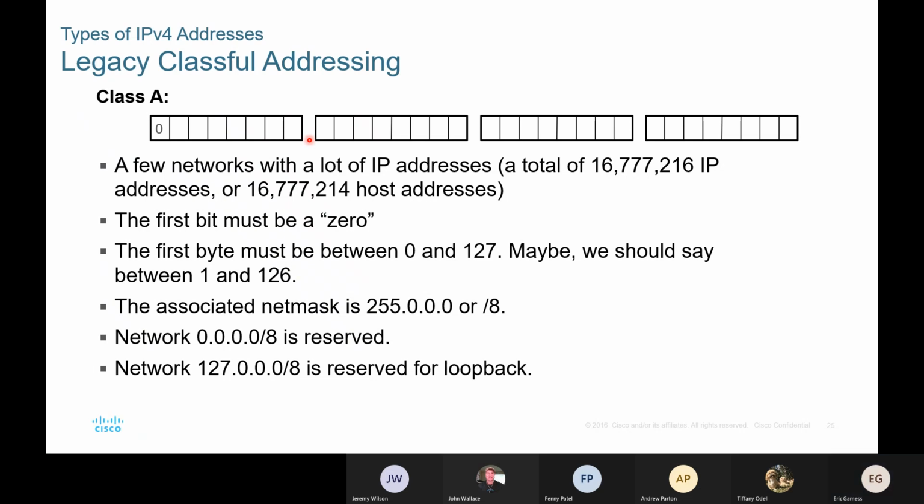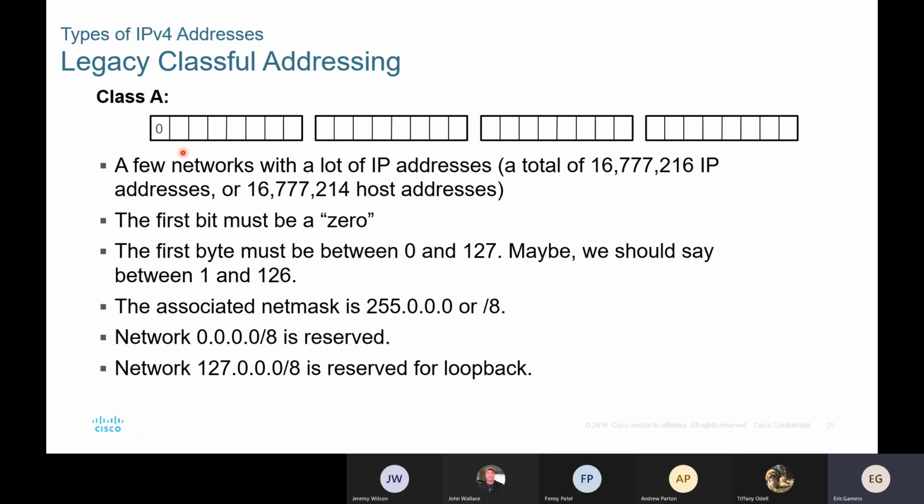How many? 2 to the power of 7. And 2 to the power of 7 is 128. So we have 128 networks of class A. You understand why? Because we have 7 bits that are free here. So with this bit, we have 2 possibilities.